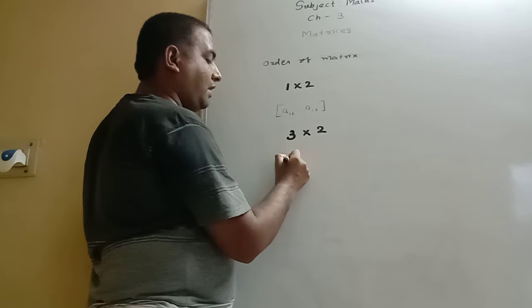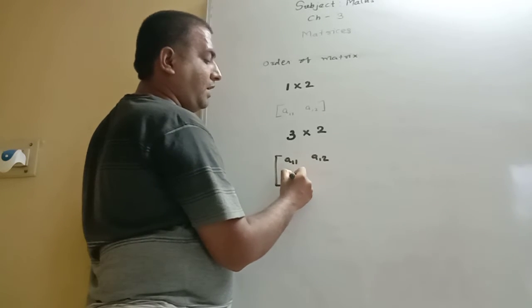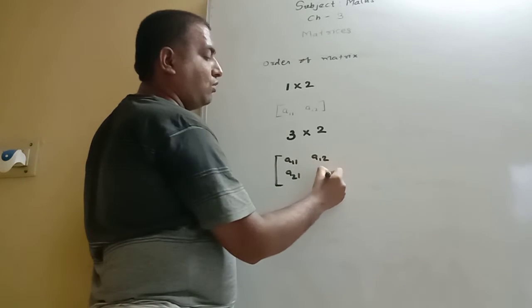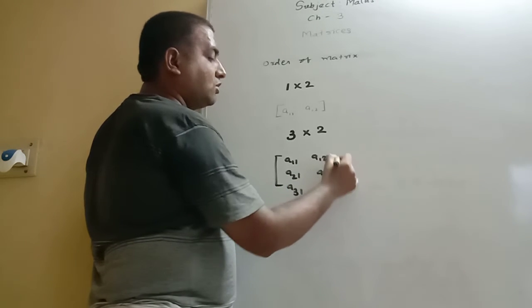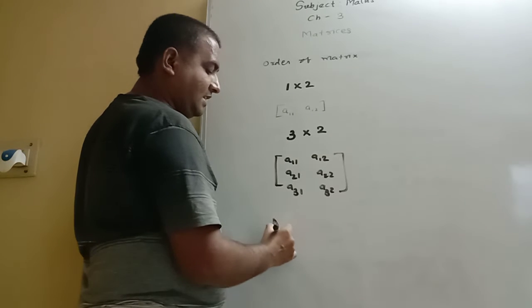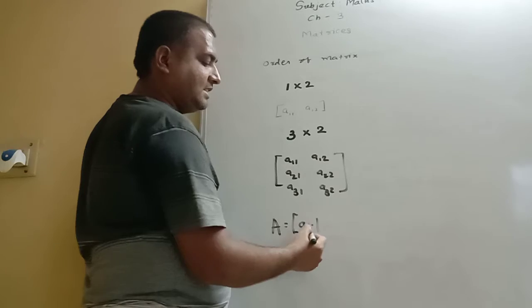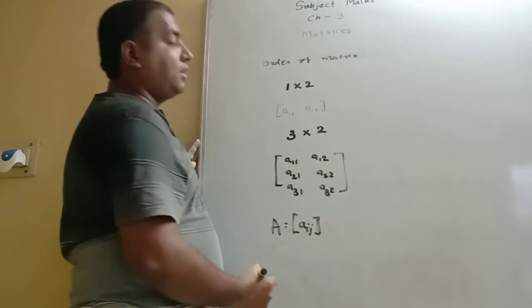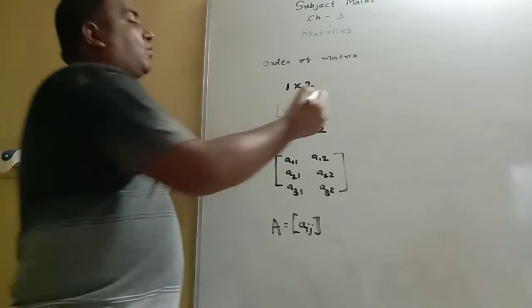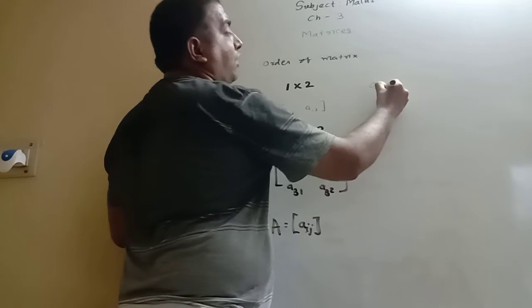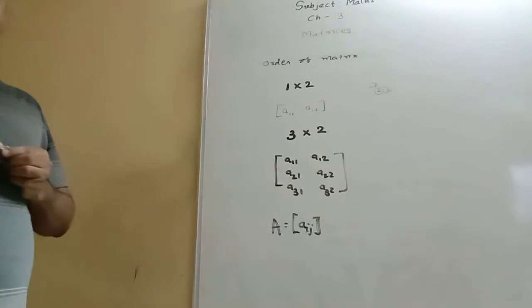The first row will be A11, A12, the second row A21, A22, and the third row A31, A32. Suppose matrix A is there, then its element is written as Aij, where i is the row number and j is the column number. If A23 is written, we have to understand it as the second row, third column element.